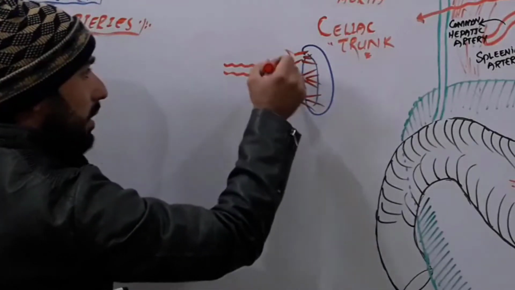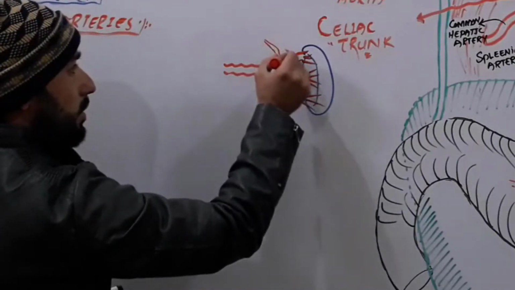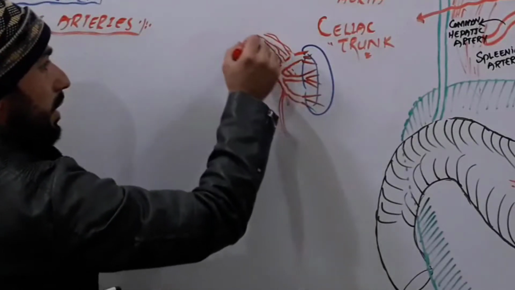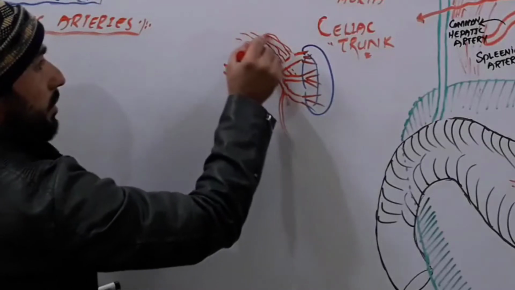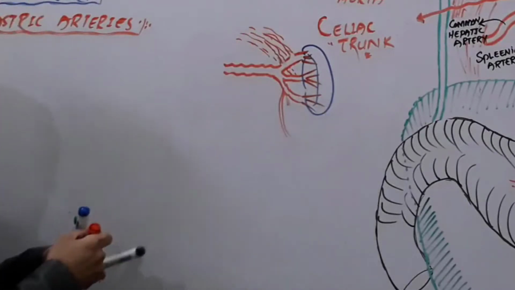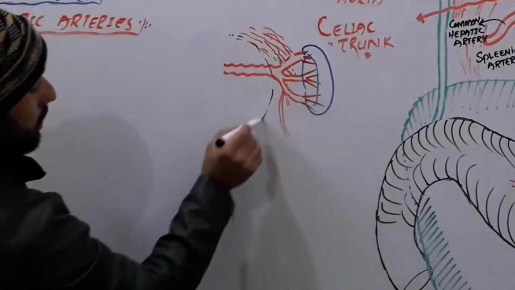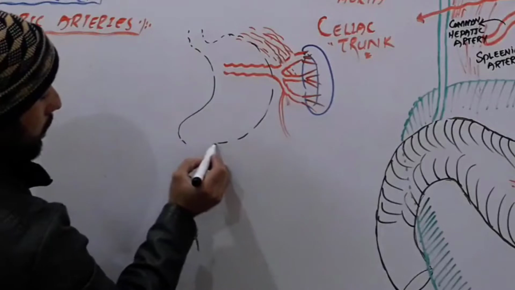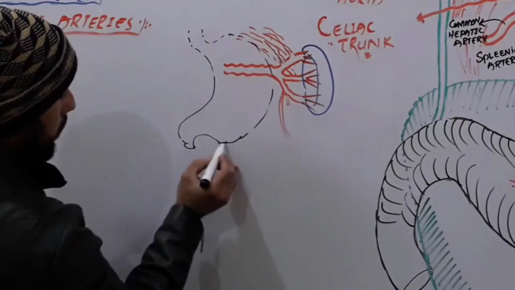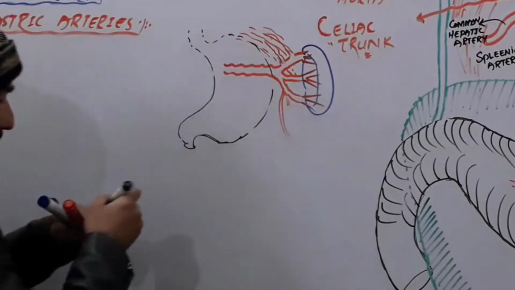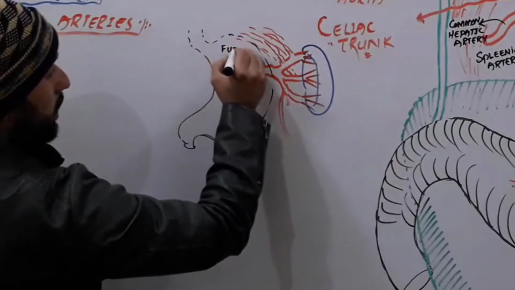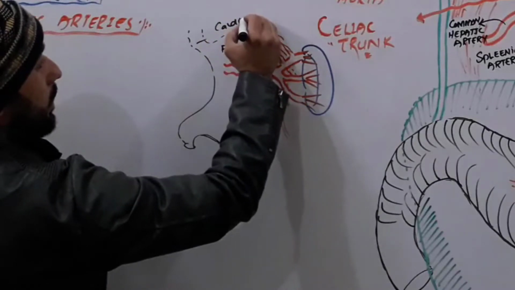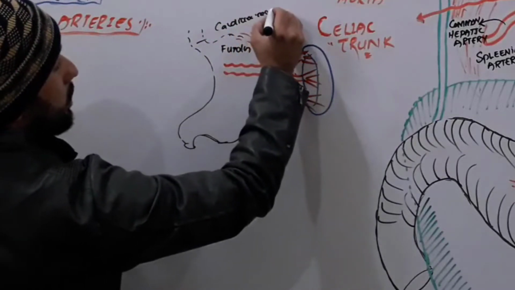There are certain small branches which are separating from it, which are bifurcating and moving towards the fundus of the stomach and supplies. Here is our stomach. Like this. Clear? So look carefully. This area is called the fundus of stomach, and this is called the cardiac region of the stomach.